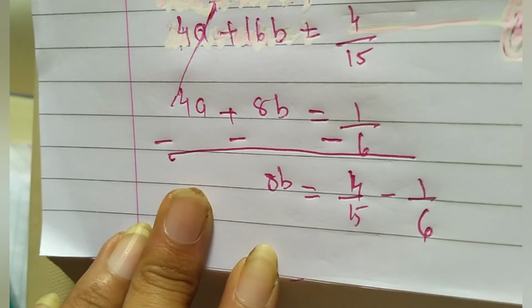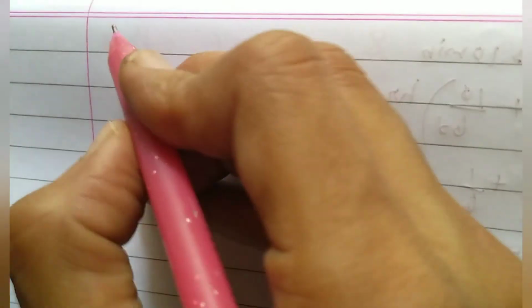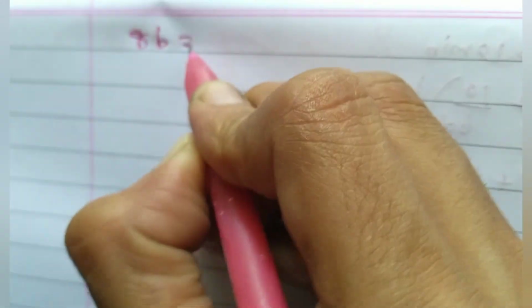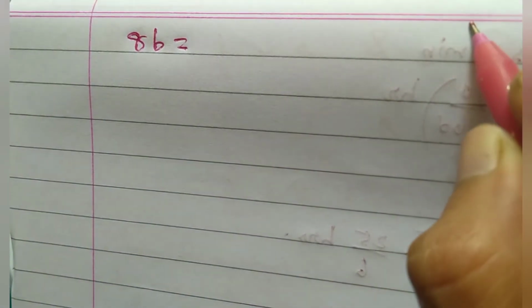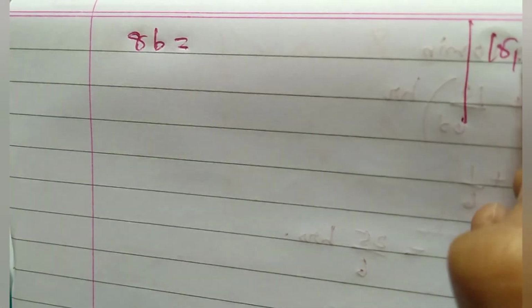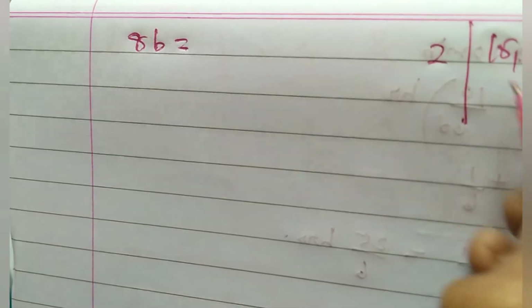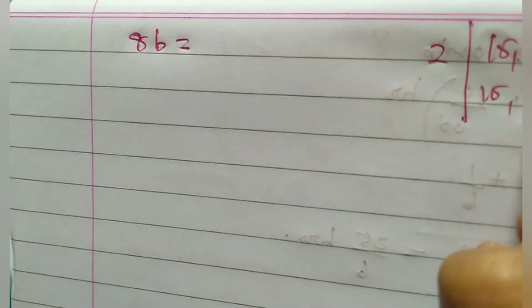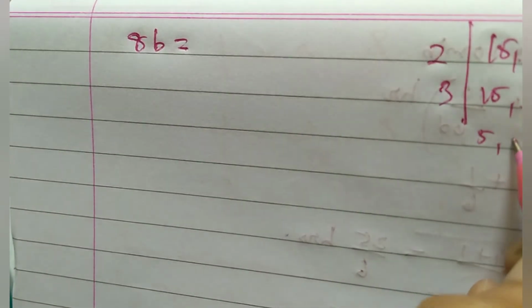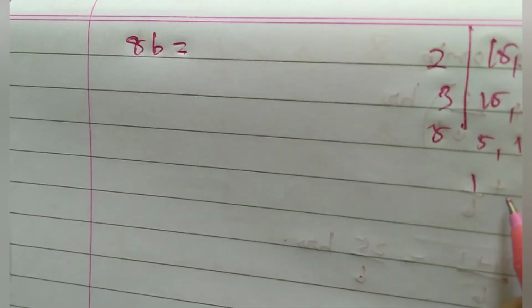Now this we have to solve it. Make the LCM same. So 8b equal to LCM of 15 and 6. So that is 2, 15, 3s, 3, 5s, 1s and 5 1s.